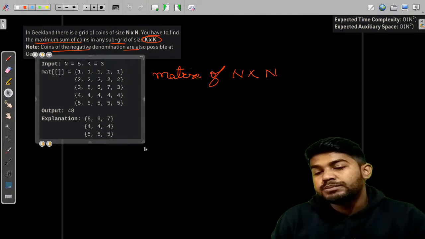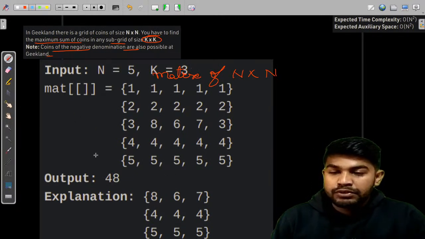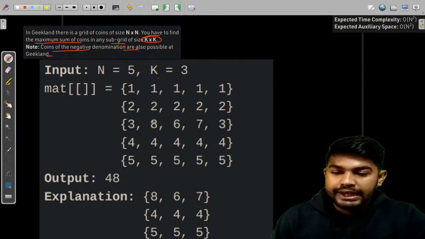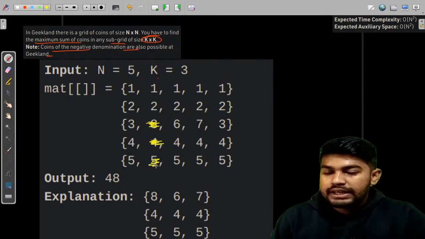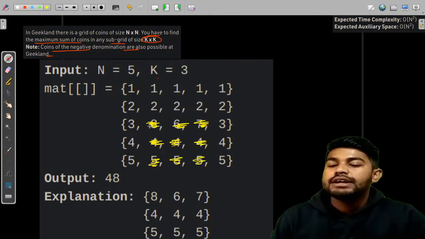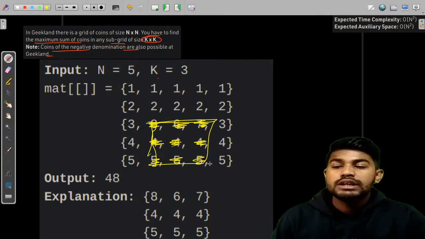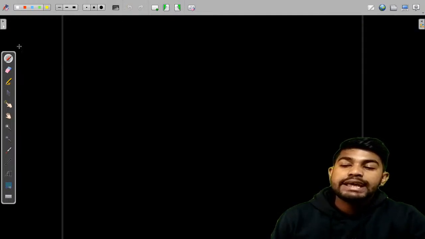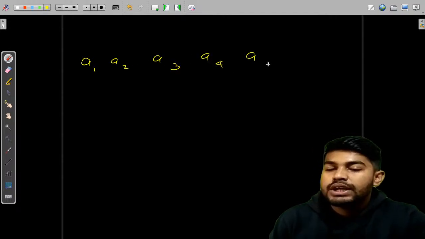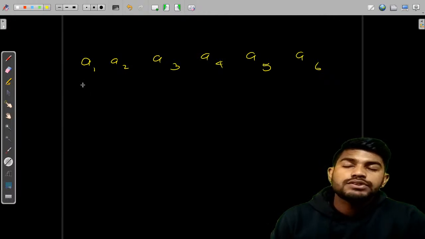If you clearly observe the example, it is taking into consideration the matrix with the numbers 8, 4, 5, then 6, 4, 5, and then 7, 4, 5. Now suppose we have a1, a2, a3, a4, a5, a6 and we want the sum of 3 numbers every time.